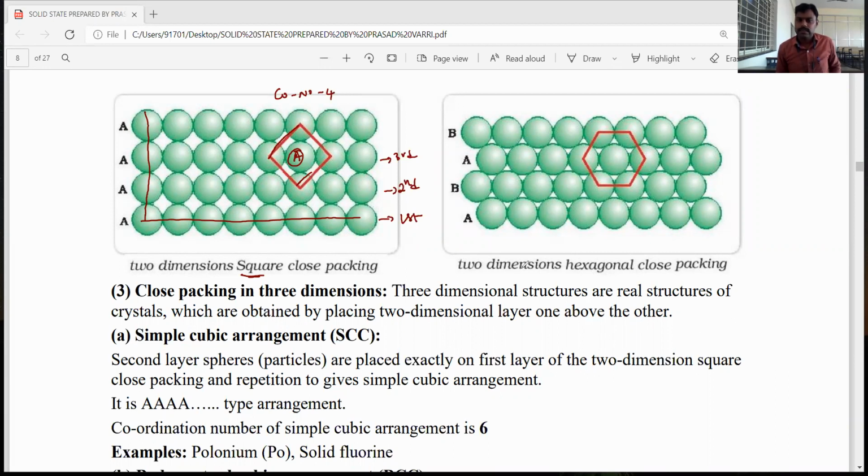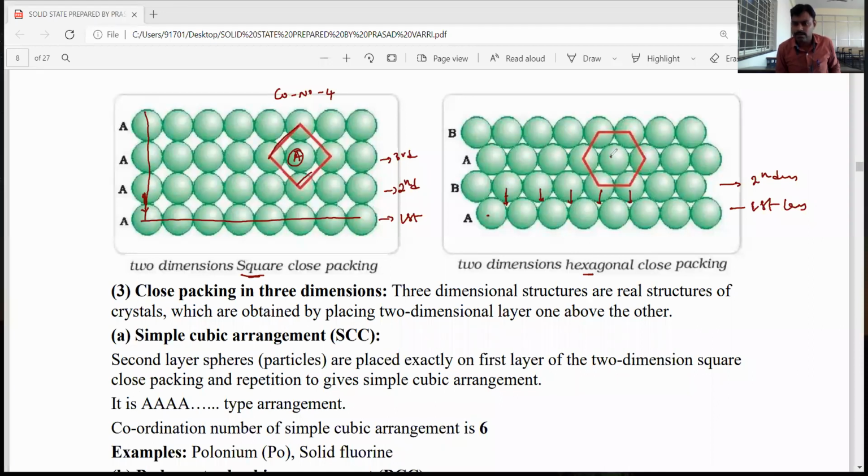Okay, now come to the 2-dimensional hexagonal layer arrangement. This is the A layer. Now observe the B layer; this is the second layer. The second layer sits in the middle, in between the first layer atoms, and that is how the hexagonal-like layer arrangement comes.